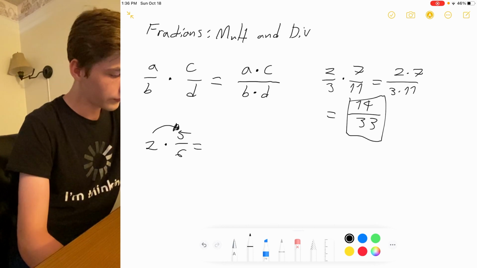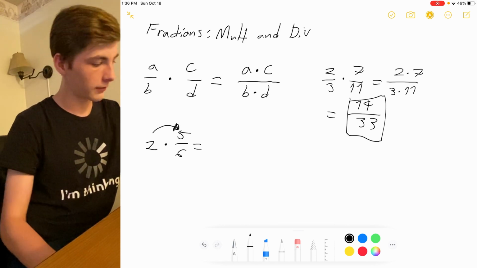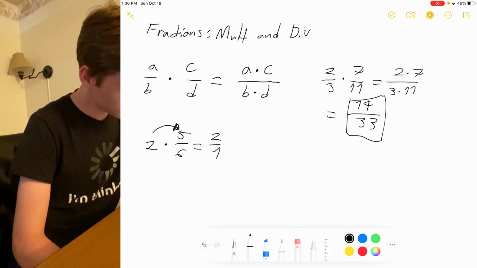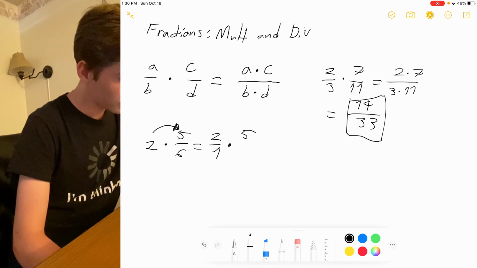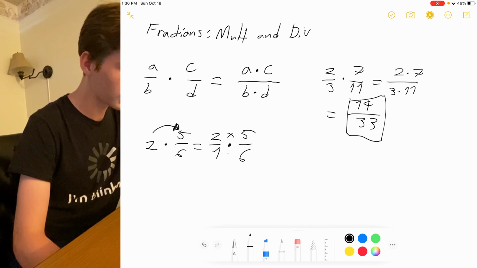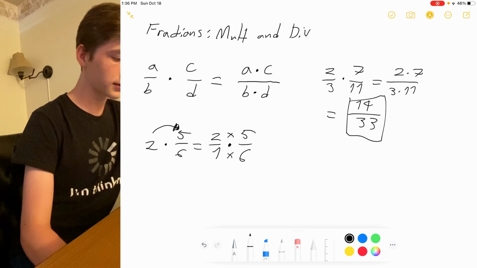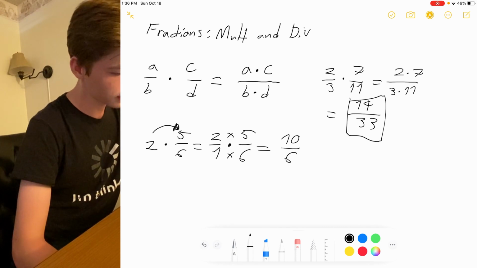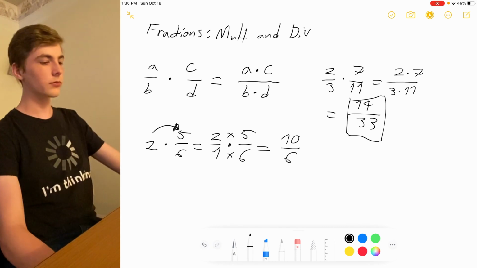The reason is that 2 is actually the same as 2 over 1. Now it's clear this 2 is supposed to multiply the numerator, and the 1 just goes with the 6, so the 6 doesn't change at all. So this is going to be 10/6.